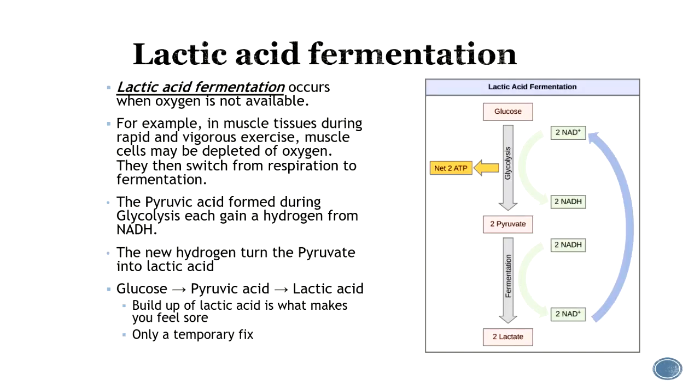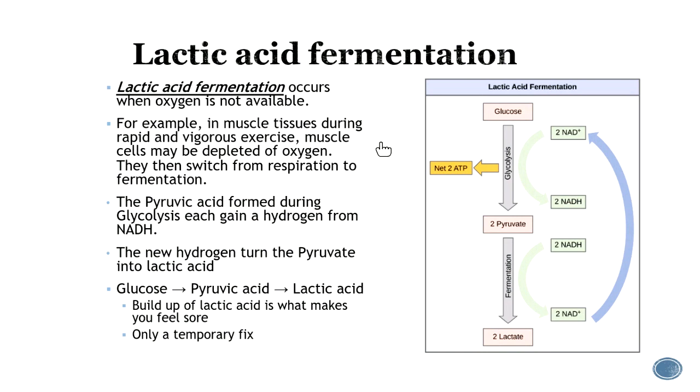So first let's go through lactic acid fermentation. This is when no oxygen is available. A good example is when you exercise. Think about all the energy you're putting your muscles through, especially if it's vigorous and maybe you haven't done it in a while. You're probably asking those cells to do more work than they're used to, and they might have depleted their oxygen reserves, because it takes a little more time to go through aerobic respiration than fermentation.